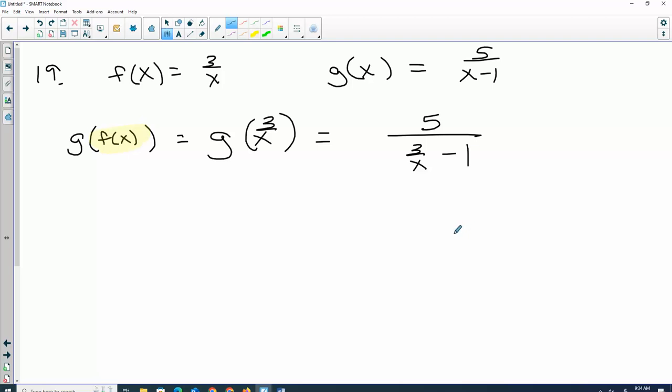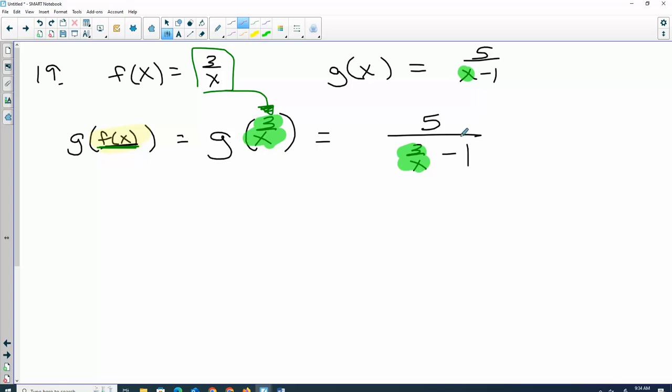Is F 3 over X? Yeah, so you start on the inside. And F of X is 3 over X, so that's what goes on the inside. And then you're taking that and putting it into G. So I look at G, where that had an X, I put the 3 over X.